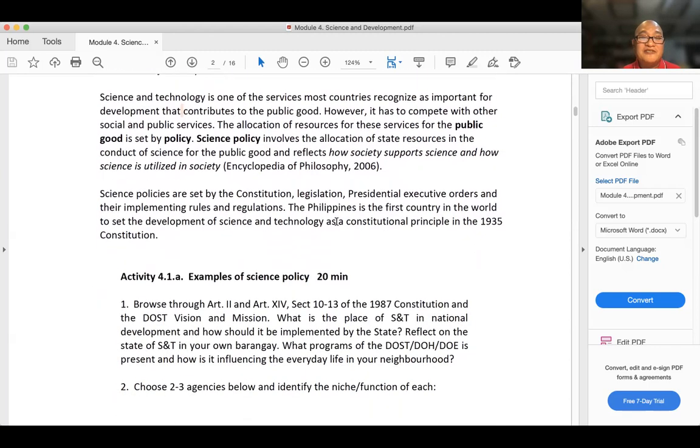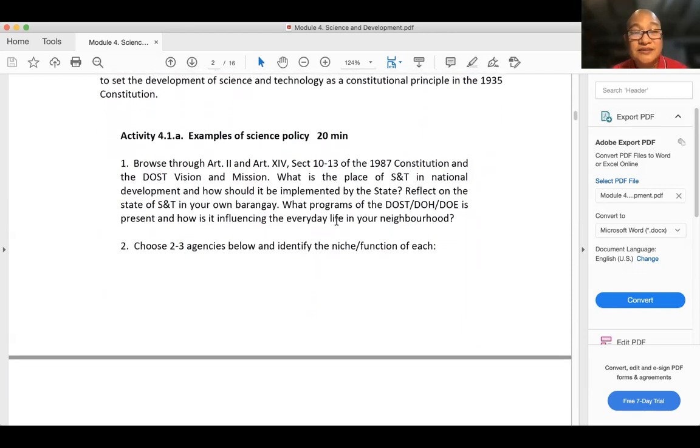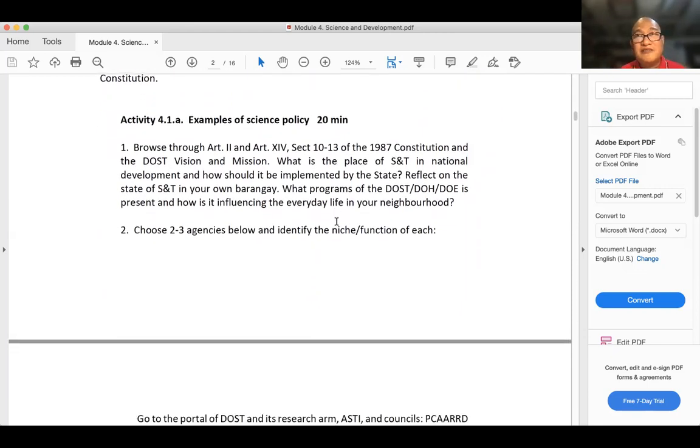So I would like to ask you to read some of these activities here. Unfortunately, we don't have time to go deeper into it. Perhaps when you discuss a real case about face-to-face classes in COVID-19, you may use these principles to justify your position or science policy recommendations for how we can go back to school.